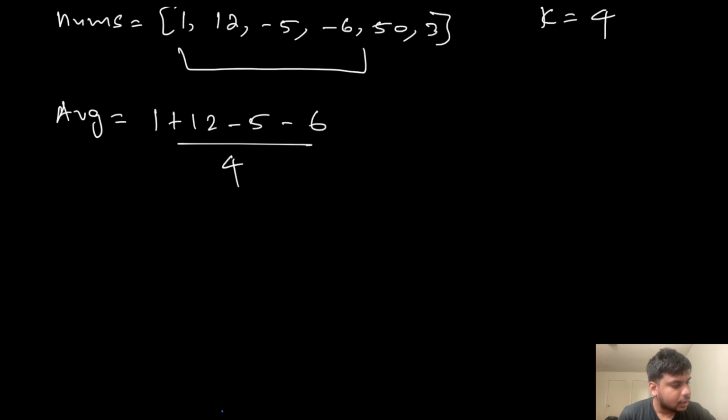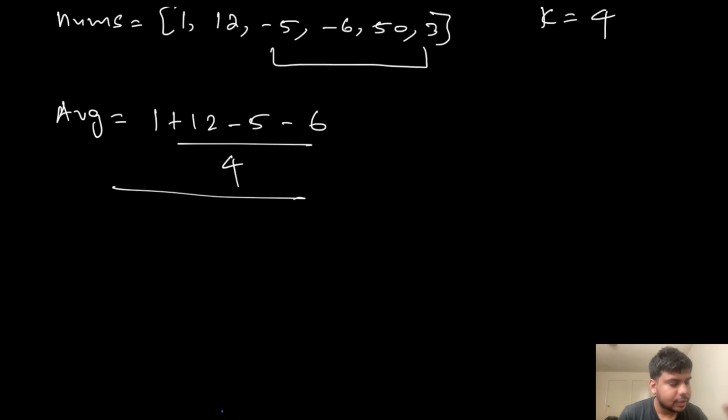And then like that there can be multiple subarrays. This can be one subarray and the average of that will be different, and then another subarray can be this. So you need to consider each different subarray, find their average like this, and then see which one is maximum. So how do we do this?